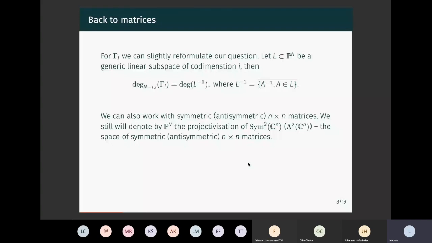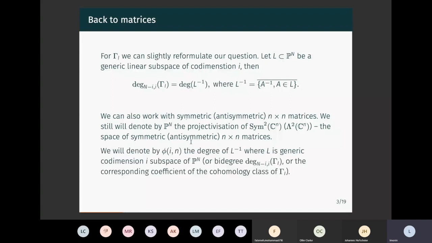I will not say anything about anti-symmetric matrices, but when I talk about symmetric matrices, then by capital N I will mean the dimension of the symmetric square of Cn. And if I talk about all the matrices, then by capital N I will mean the projectivization of Cn tensor Cn. Let me give some notation.